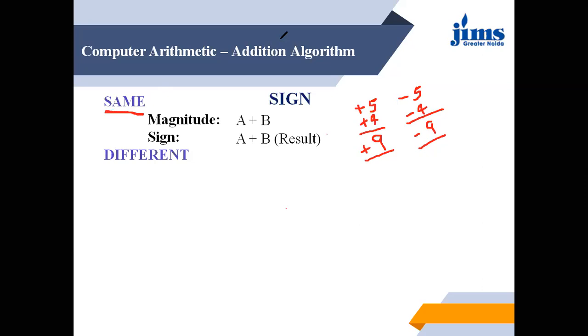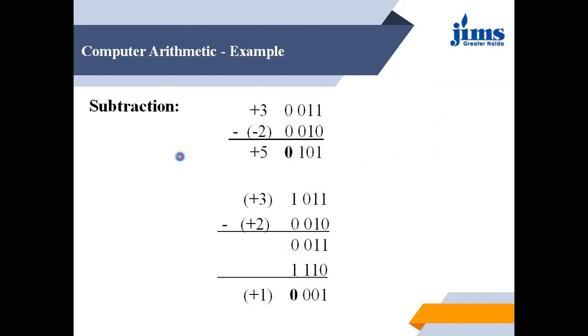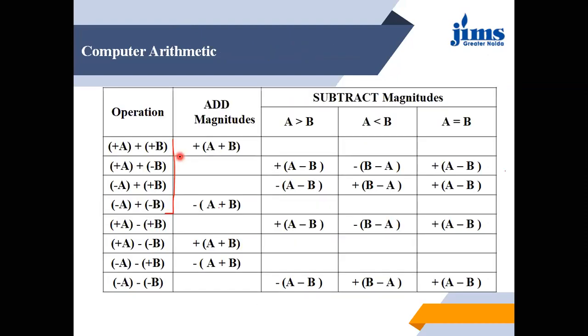Now we will try to understand when the sign of both the numbers is different. So I am coming again to the same table. First we will try to understand the case of plus A plus minus B, or minus A plus B, meaning in these two cases both the numbers have different signs.